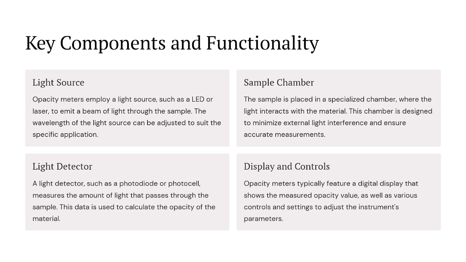It's designed to make sure outside light doesn't interfere. The light detector measures how much light passes through the sample. And the fourth one is the display screen. Finally, the results are shown on a screen or sent to a computer. These parts work together to provide accurate measurement of opacity.